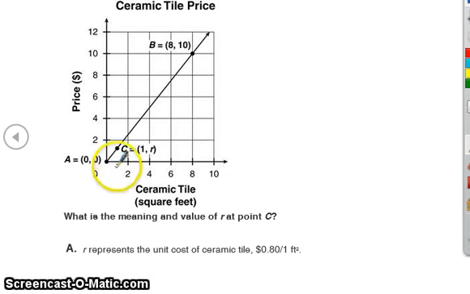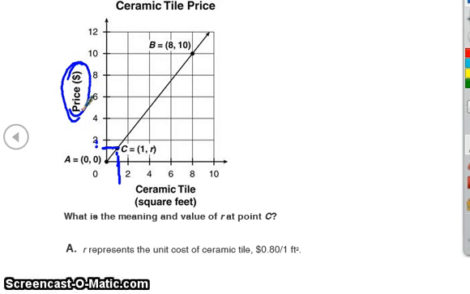So it's saying if x is 1, then what is my y value? So we know it's going to be less than $2 because we can see that. Price is what's on our y-axis.